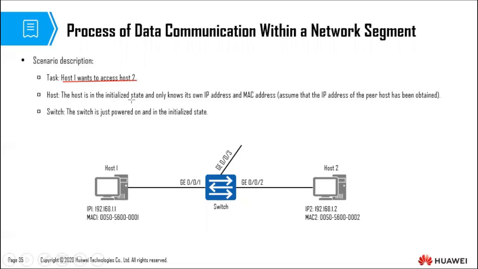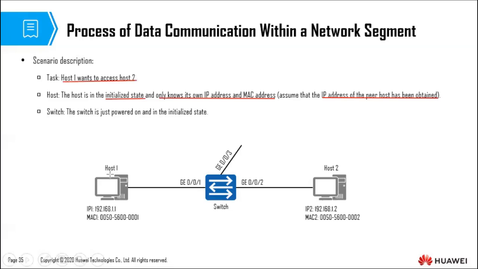So the host is in the initialized state. It means it only knows its own IP address and MAC address. But we have been told to assume that the IP address of the peer host has been obtained.